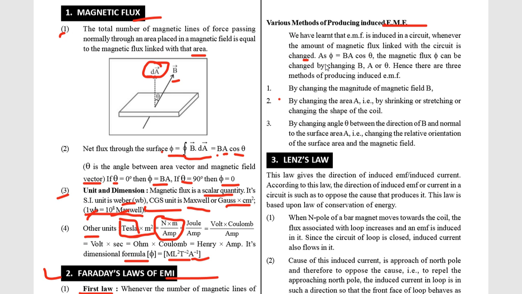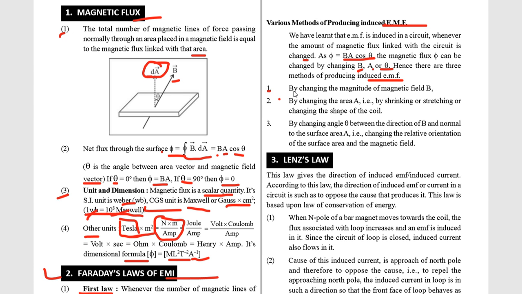As phi is equal to BA cos theta, this is the equation of the magnetic flux. The magnetic flux phi can be changed by changing B or A or theta. This magnetic flux depends on the following quantities: the magnetic field intensity, the area, and the angle. Hence there are three methods of producing induced EMF.